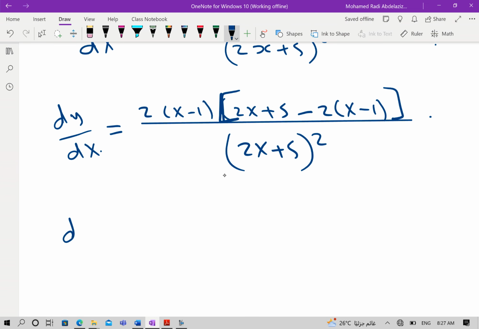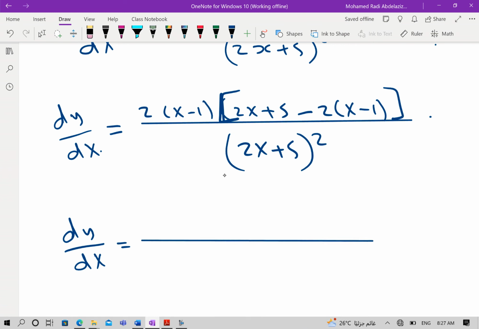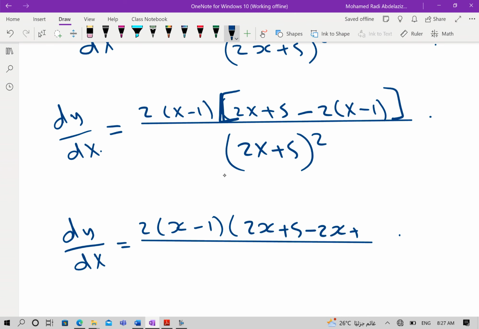Simplify more. dy by dx is equal to 2 times (x minus 1), if you expand, 2x plus 5 minus 2x plus 2, divided by (2x plus 5) the whole squared.